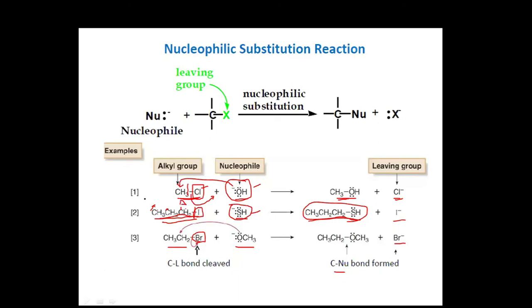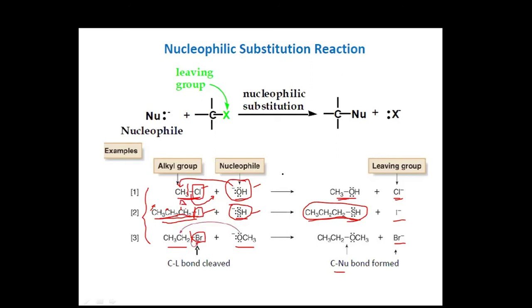If you look at all the substrates, the leaving group leaves out in a heterolytic fashion. In the second example, here also the leaving group leaves out heterolytically, as Br minus, and simultaneously the nucleophile attacks the carbon which is carrying the leaving group.